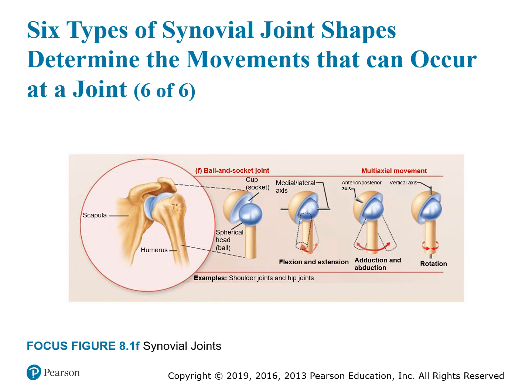The ball and socket joint allows for multi-axial movement, flexion and extension, adduction and abduction, and also rotation. We find ball and socket joints in the shoulder and in the hip joints.